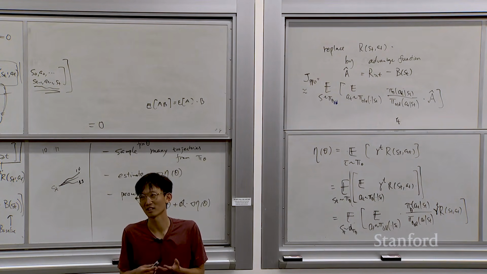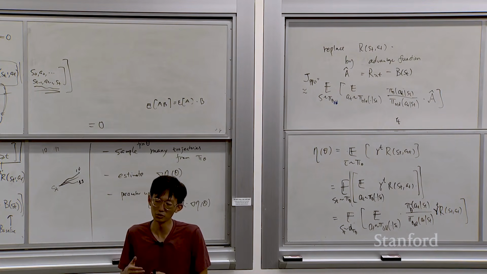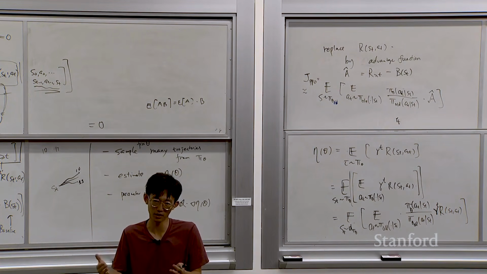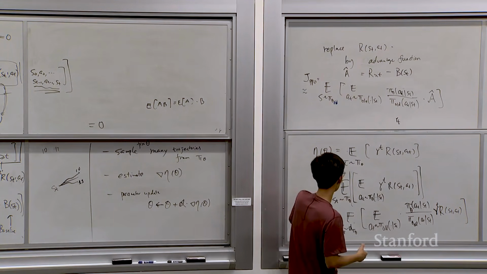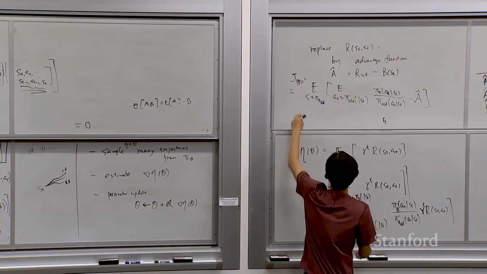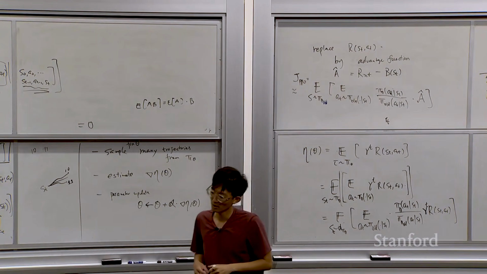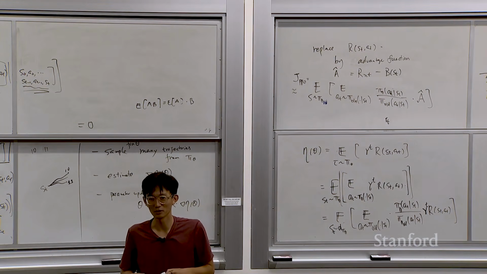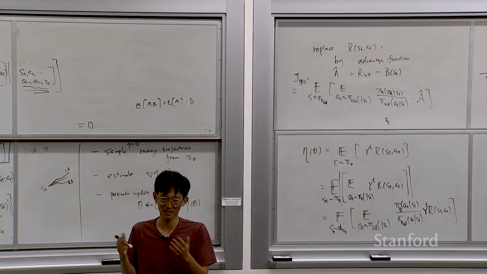I think the original motivation was to not move too far away from pi old, so that you stay in the neighborhood, so that your approximation, where you change this to pi old, still makes sense. I don't know whether that's exactly the reason, but that's the story. You don't want to over-update if you are already doing something okay.